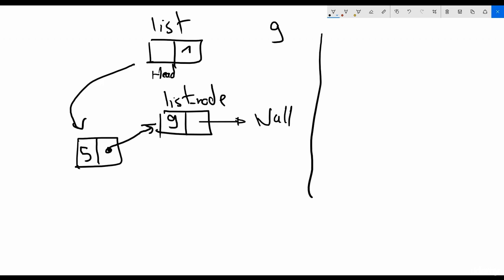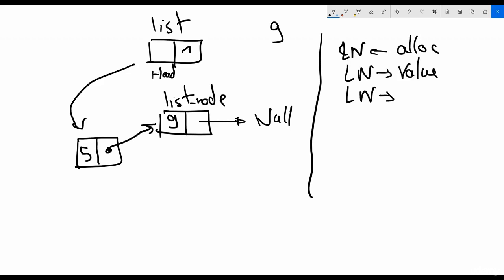So the first thing we have to do is to create a list node. We're going to allocate memory for that, for a list node. And then we're going to fill the list node value and the list node next.